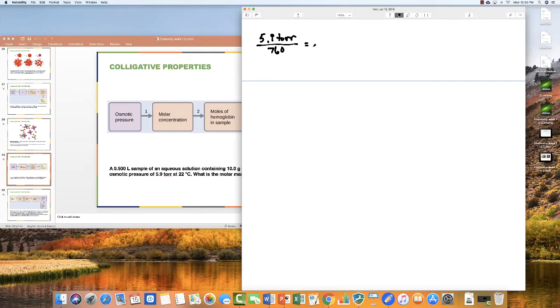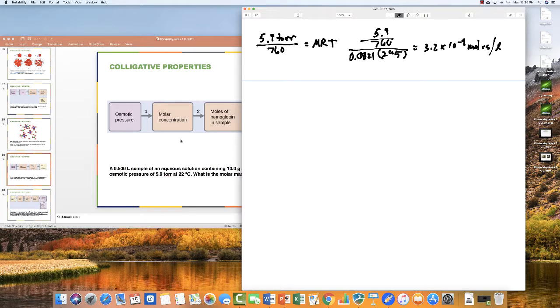So that's going to equal the molarity times R times T. We know R and we know T, so we can find M. If we take 5.9 divided by 760, that gives you this number in atmospheres, and divide that by R, 0.0821, and the temperature, which in this case is 22 degrees, which is 295.15 degrees Kelvin. If we do that calculation, we find the molarity to be 3.2 times 10 to the minus 4 moles per liter.